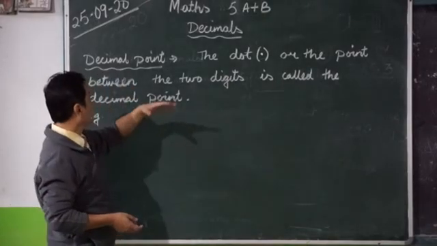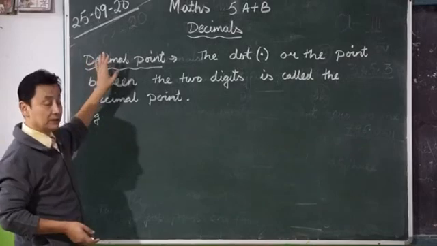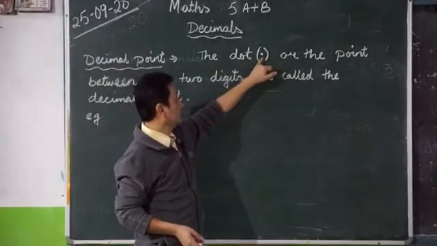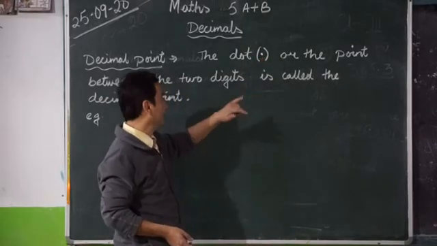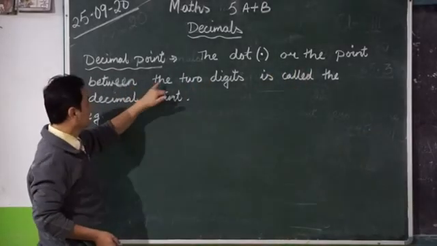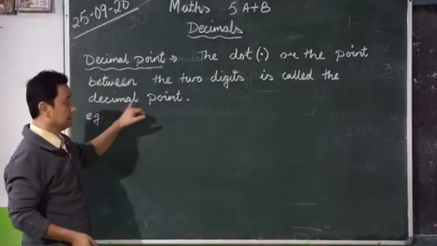So before, let me explain the definition of decimal point. What does decimal point mean? The dot, remember, I hope you remember, the dot or the point between the two digits is called the decimal point.